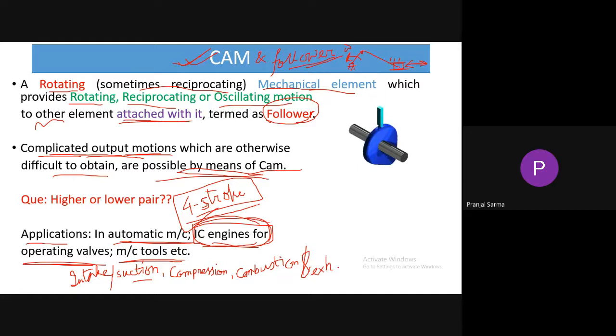Now, can anyone tell me what basically happens in these four strokes? Just in layman terms, whatever you understand. In intake or suction, what happens? In compression, what happens? In combustion, what happens? And in exhaust, what happens?